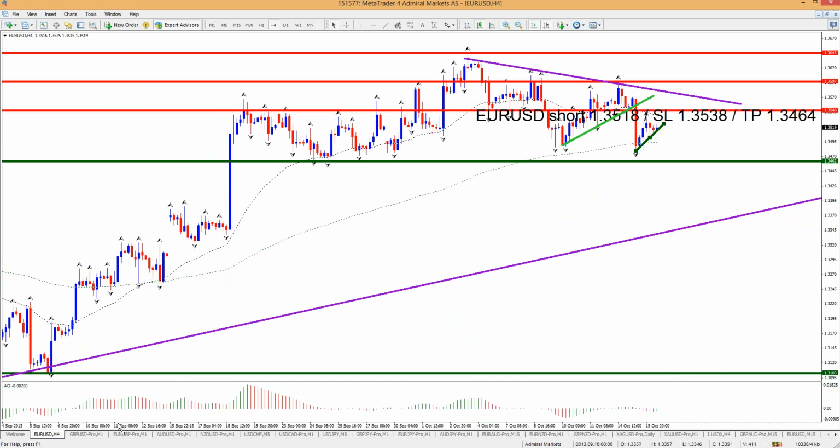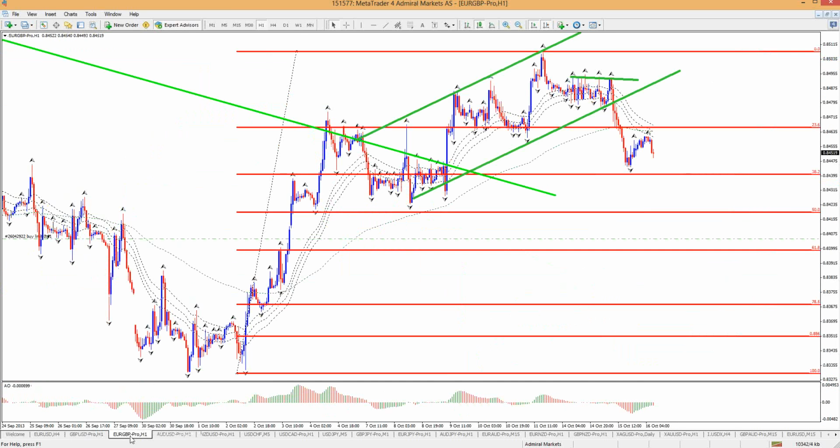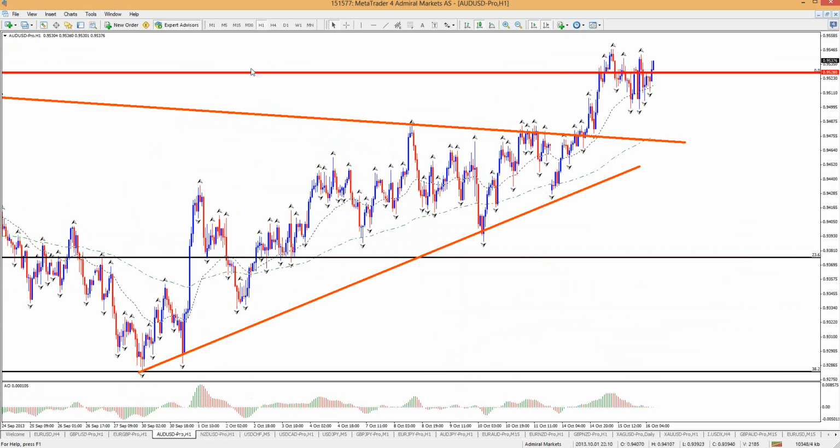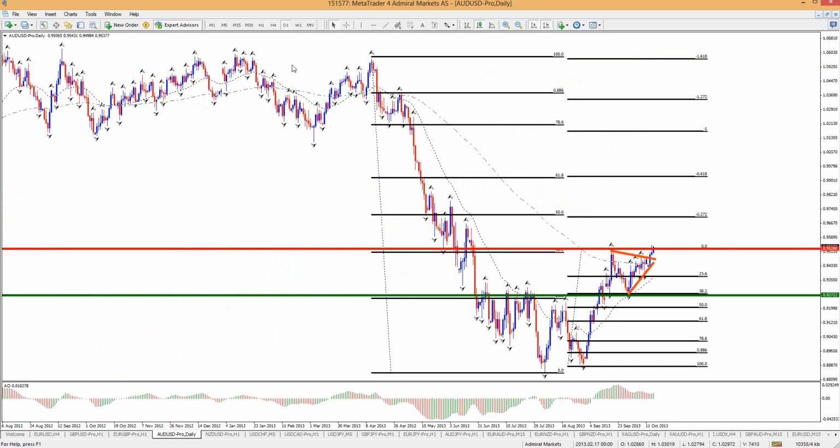So let's go on with this trend definition. AUD/USD. Everyone likes the aussie, so I think it makes sense. This is the daily chart, AUD/USD. There are 2 fibs on that, 1 red, 1 green line, and 2 orange trend lines.